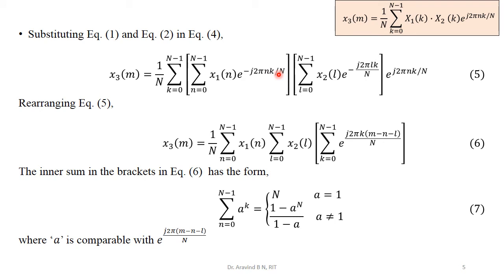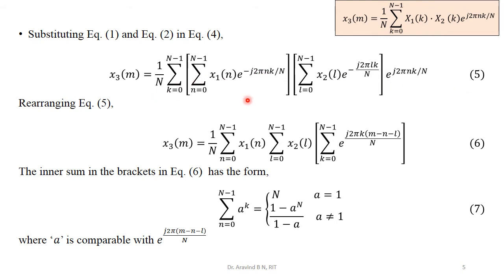Similarly, X2 of k is summation l equal to 0 to N minus 1 x2 of l into exponential. So for X1 and X2, we have substituted as per equations 1 and 2. The last exponential part is written as it is, and we are going to call this equation 5.